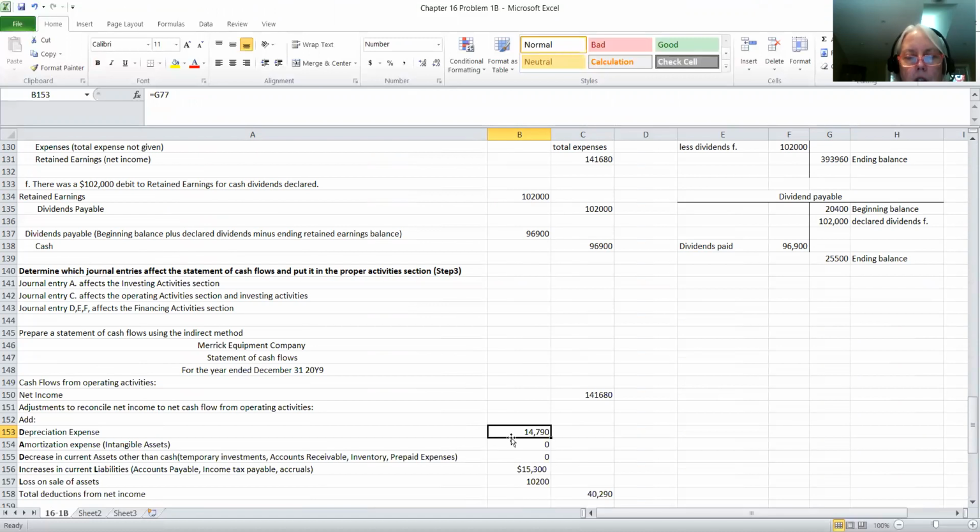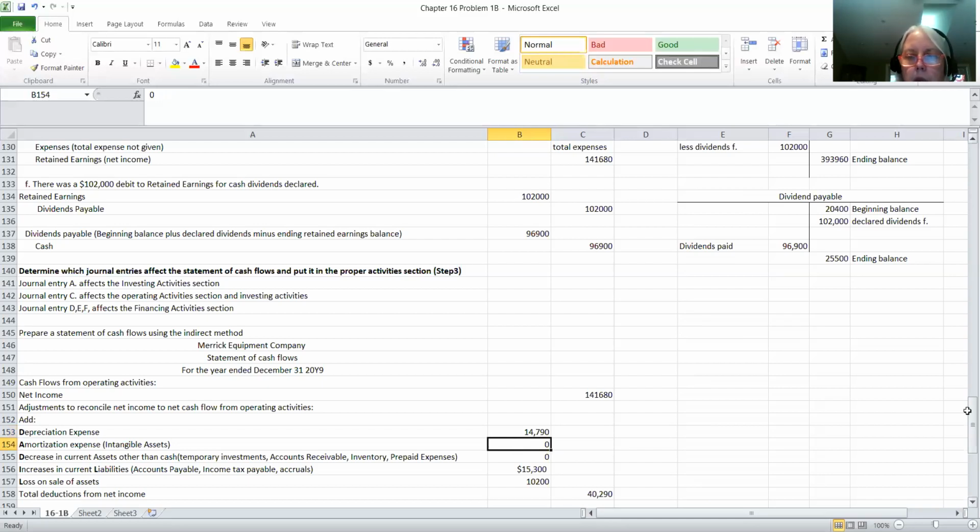There would have been an adjusting entry that would have been made and reflected in the accounts, where you would have debited depreciation expense and credited accumulated depreciation. So my depreciation expense is increasing on the income statement. In order to get it adjusted to the cash basis of accounting, we have to add it back, because for depreciation expense there's no cash outlay. That's why we do it.